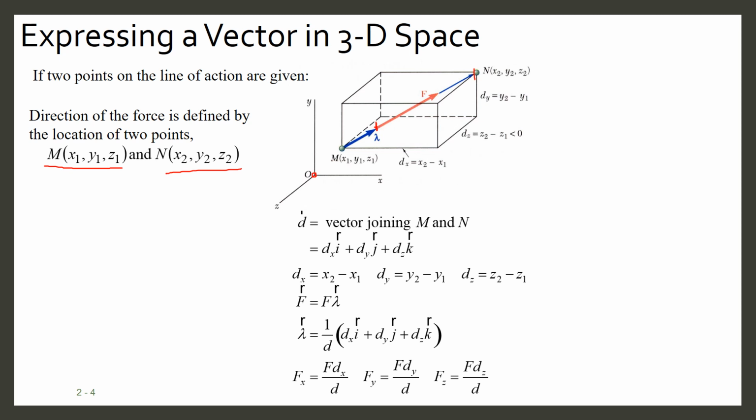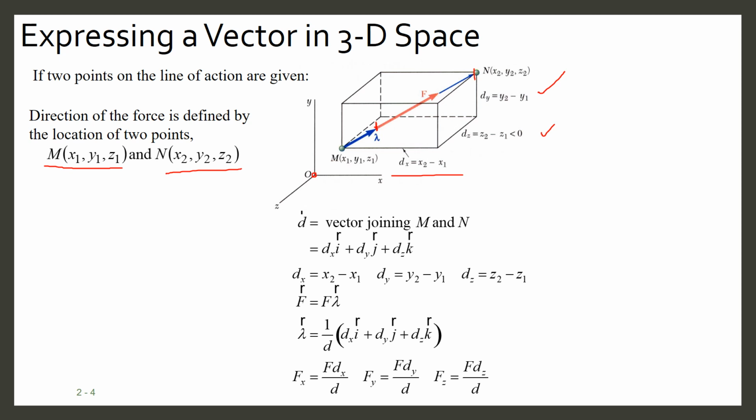This is the line of action MN, and along this line the force F is applied. Now you can calculate the displacement in the x direction by simply subtracting x1 from x2. Then similarly in the y direction and z direction.